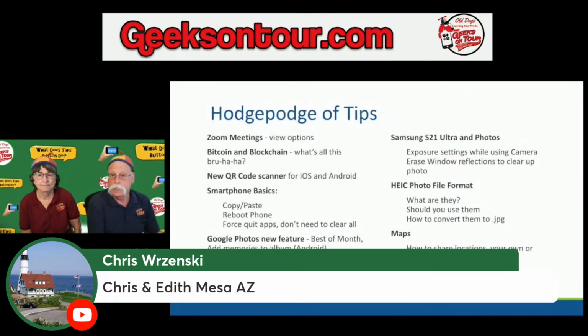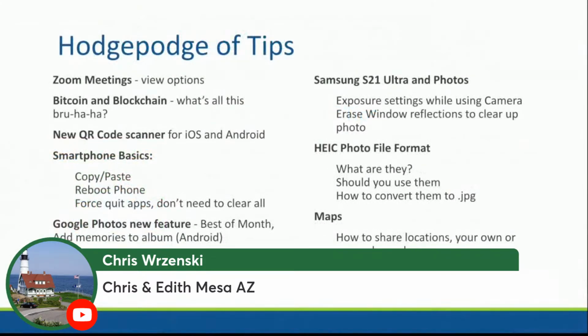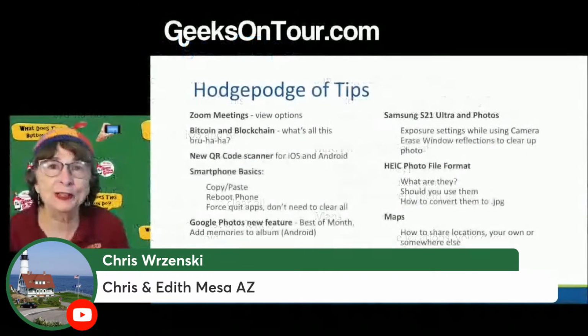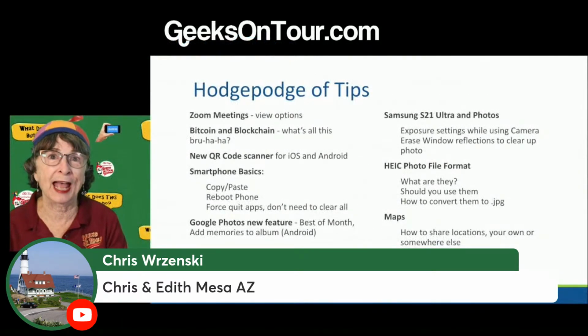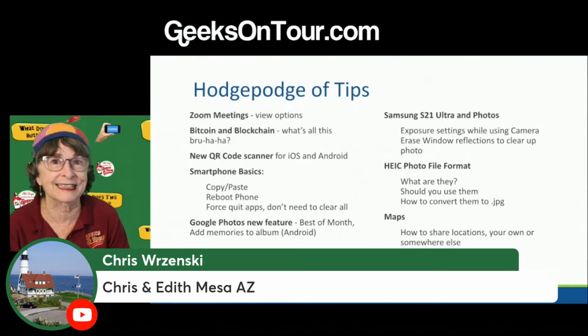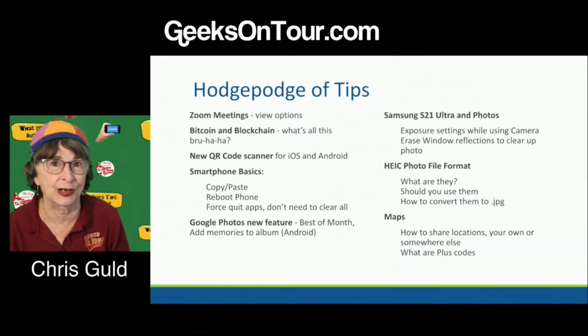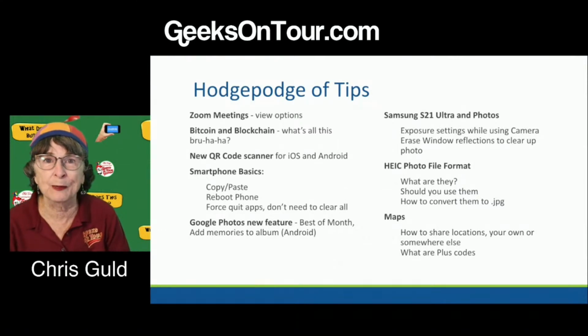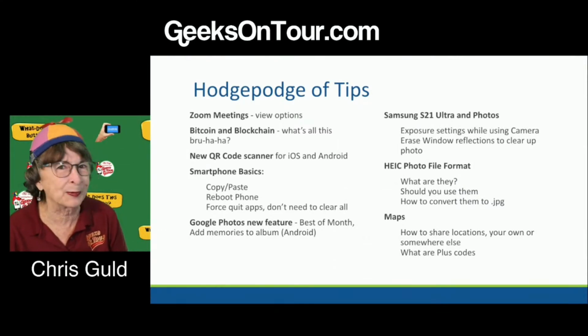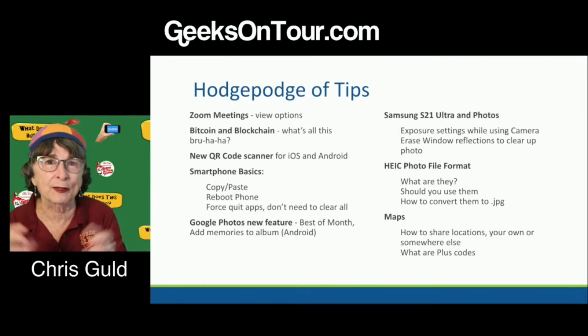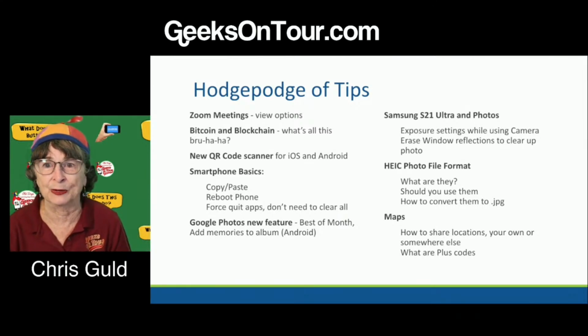Okay. Here we go. Hodgepodge. We've been doing this for a long time, and we have collected some favorite important tips. We also learn new things all the time. So every once in a while, it seems like every six episodes or so, we just want to throw a hodgepodge of tips at you. Today, we already did one on Zoom meetings.